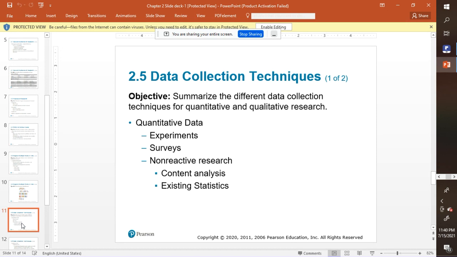For experiments, these are usually where you take samples and you try to test for the outcomes. This is usually very common within science and research.